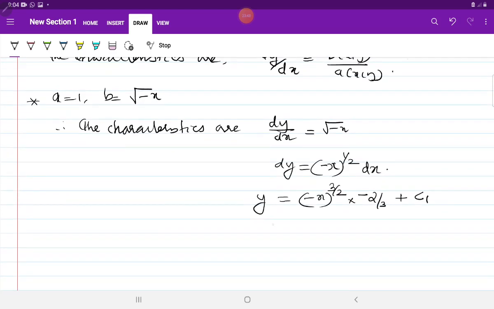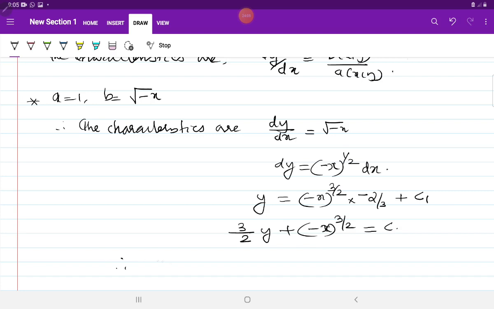Now multiplying this equation by 3 by 2 and adding the x term to the right, we have 3 by 2 y plus minus x raised to 3 by 2 equal to 3 by 2 c1, let it be c.